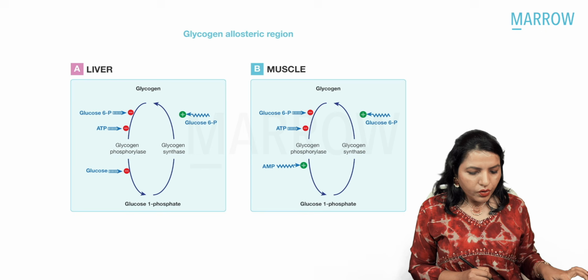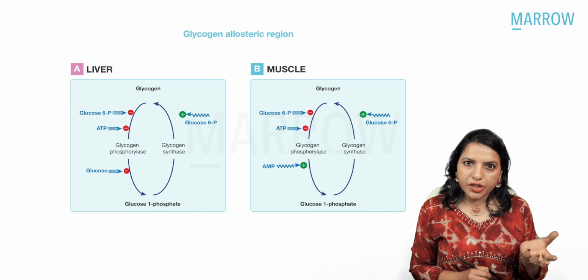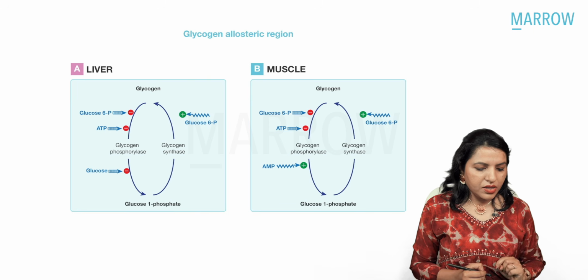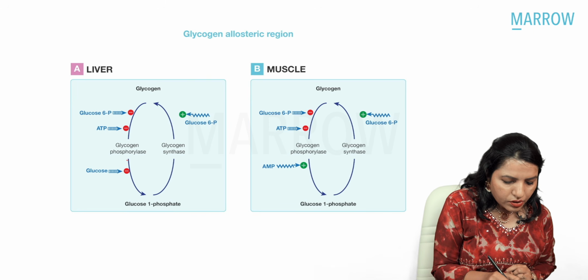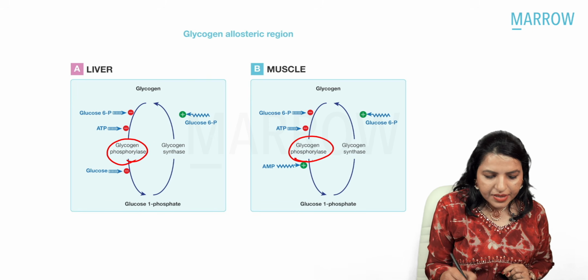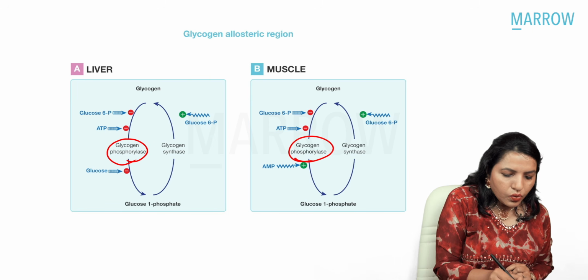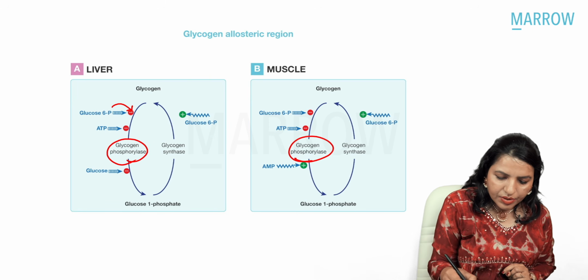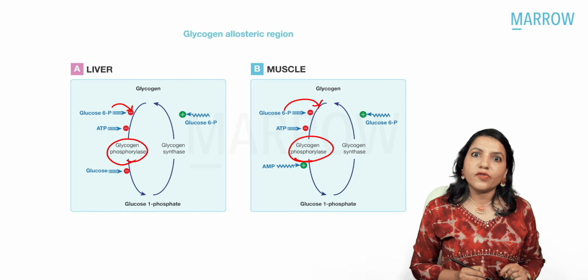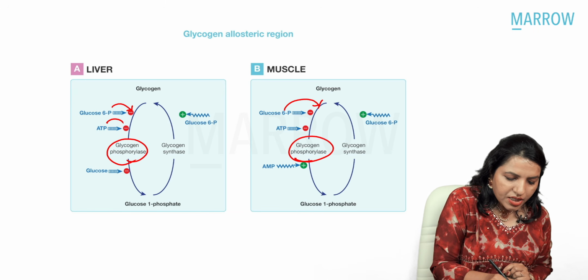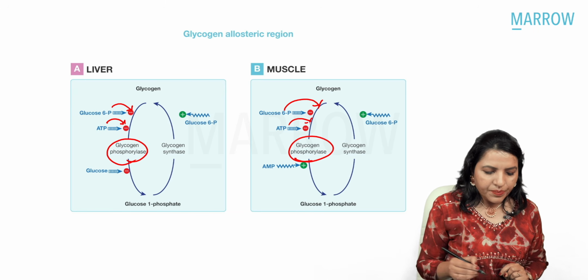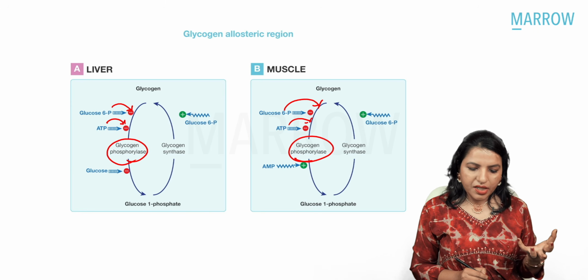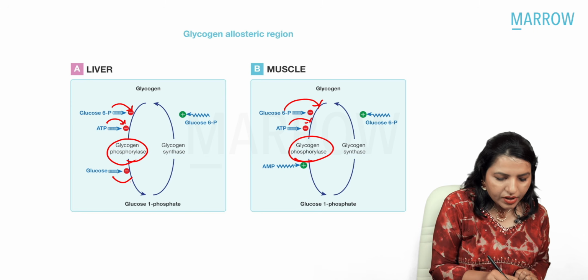Okay. Now, going to the allosteric regulation, where you can see glucose 6-phosphate. You can see the glycogen phosphorylase in the muscle as well as in the liver. So, glucose 6-phosphate is an inhibitor. Here also glucose 6-phosphate is an inhibitor. ATP is also an inhibitor. Then glucose is an inhibitor in the liver, not in the muscle.